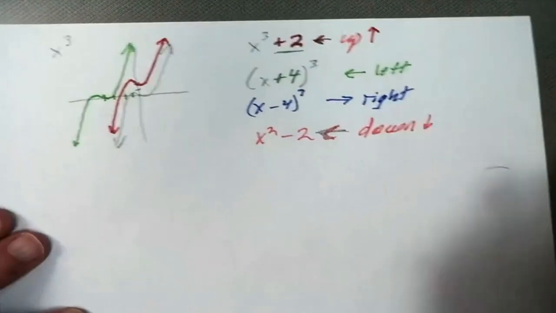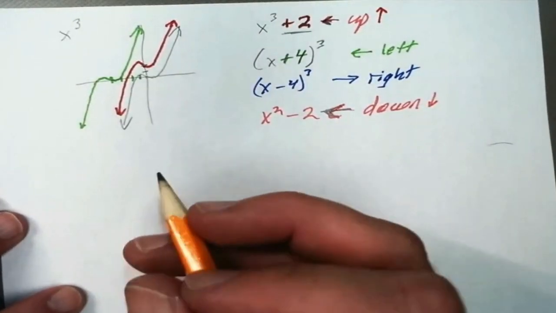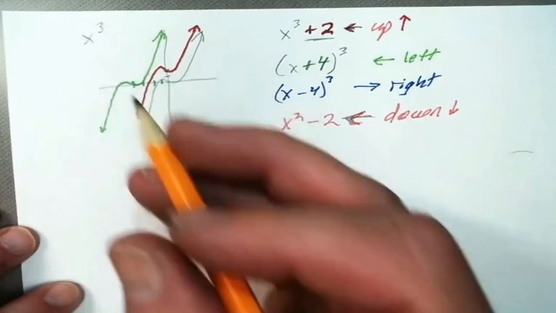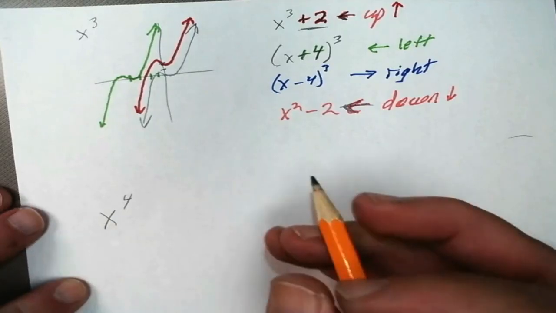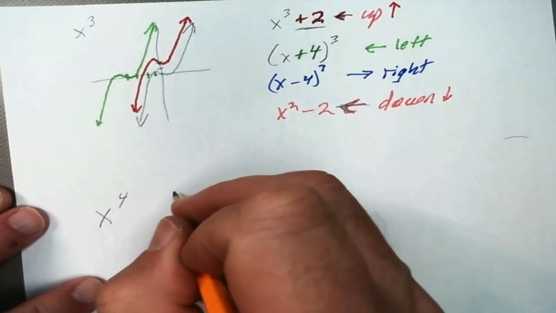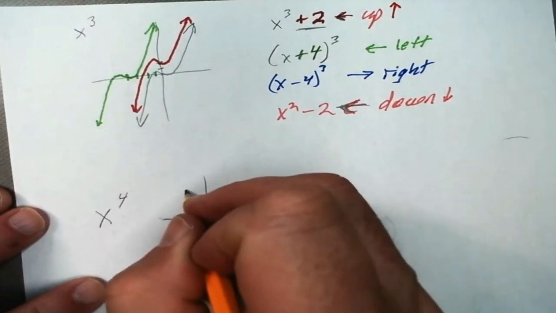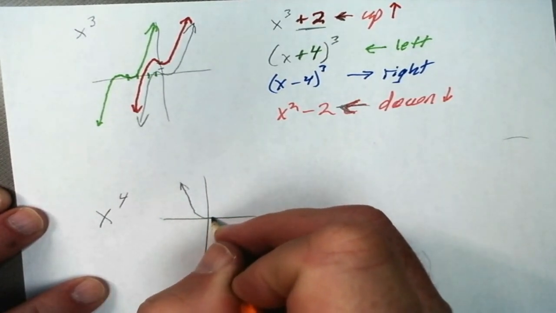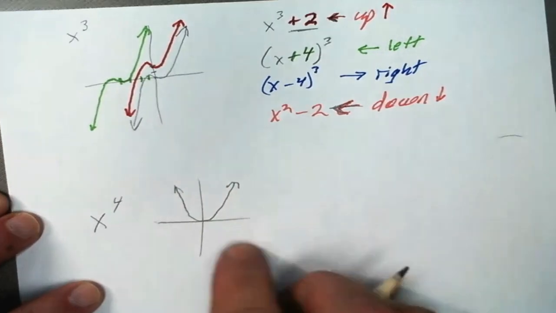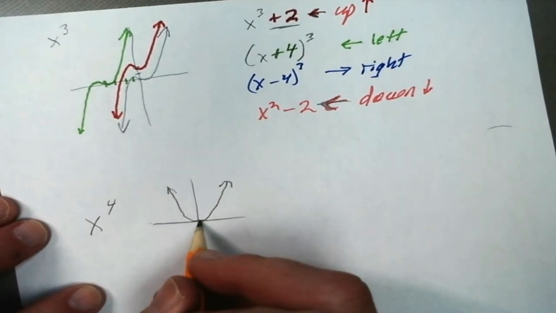And let's talk a little bit about what we can expect. If we have x to the 4th degree, the graph is going to look something like this. It looks a lot like x squared, but this is a little flatter down here.